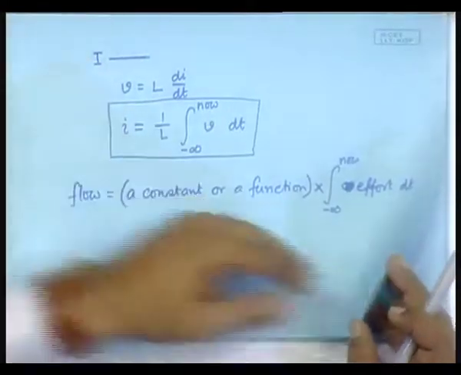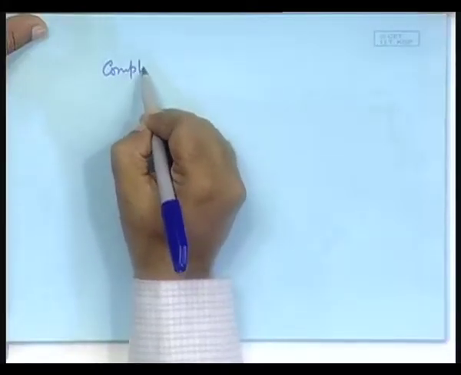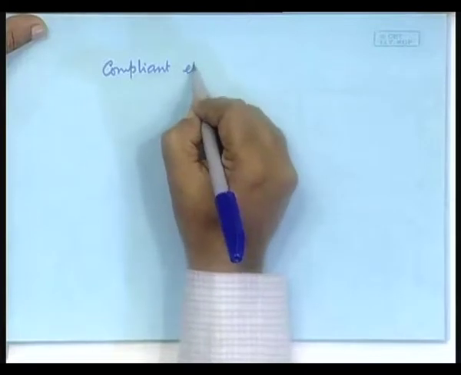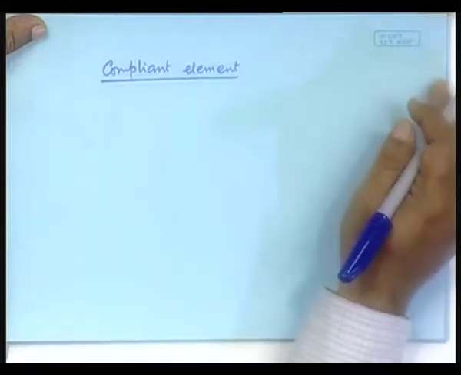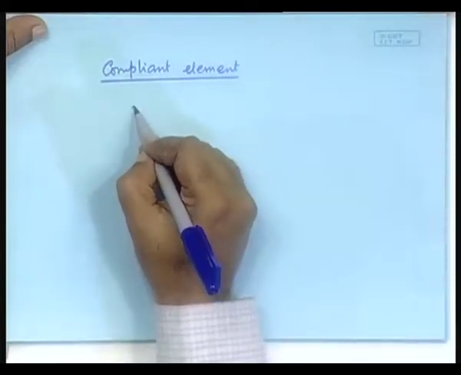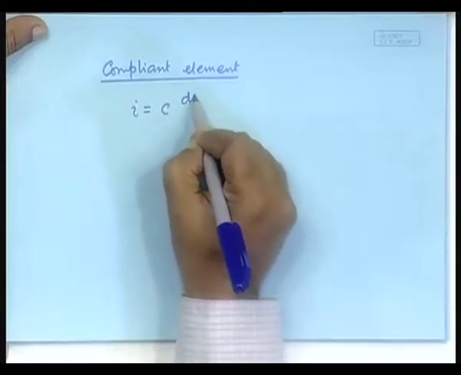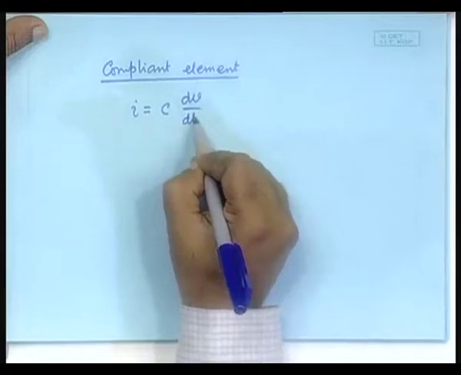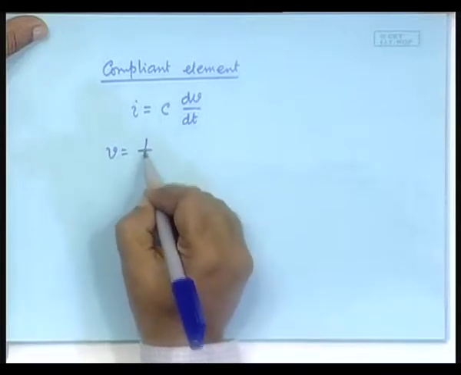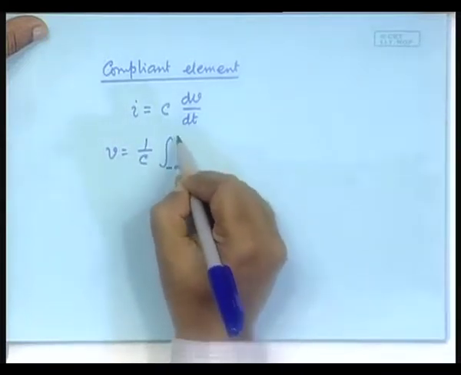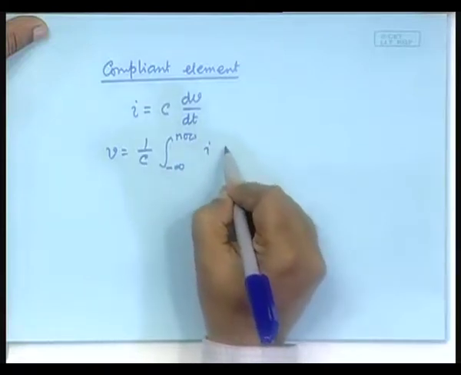Now, what is the character of the compliant element? We have already learned that in the first class. The compliant element is where I is equal to C dV/dt, or V is equal to 1 by C integral from minus infinity to now of I dt.